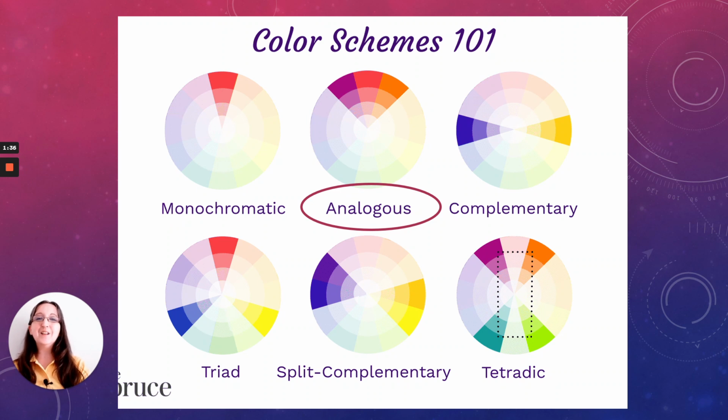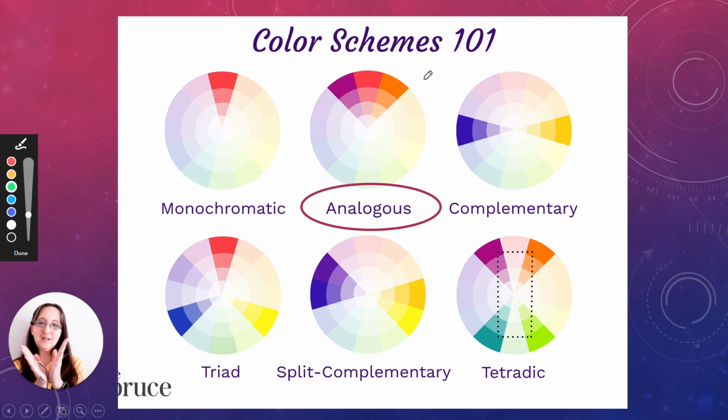So if you look at the colour wheel, and my marker, we can see we have the purple, a red and orange. So these are three colours next to each other on the colour wheel.